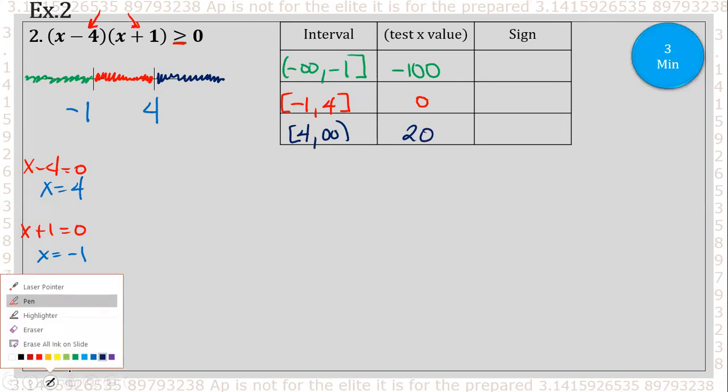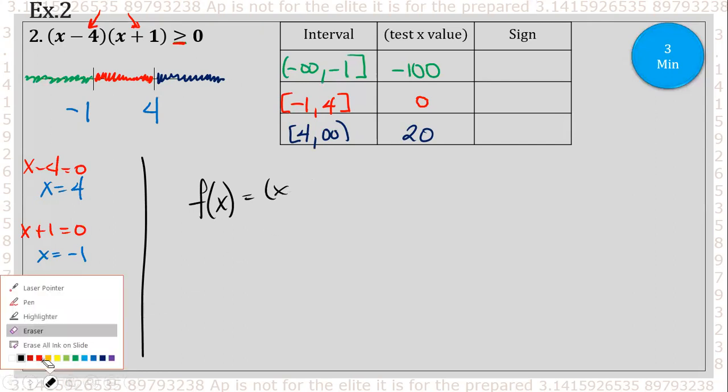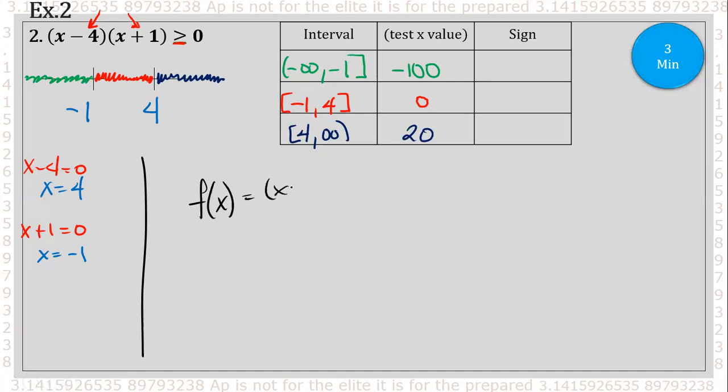And all you're going to do, guys, is just evaluate, find out what they equal. So if I evaluate this function, x minus 4, oops, that looks even worse. Okay, x minus 4, and then x plus 1.